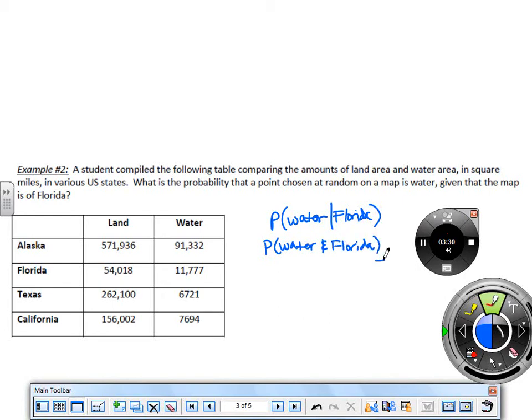And the total is not everything in the chart. The total is just about Florida because we've been given that it was in Florida. Okay? So for Florida, the totals are here of land and water. So we would add those two numbers up, giving us 65,795.